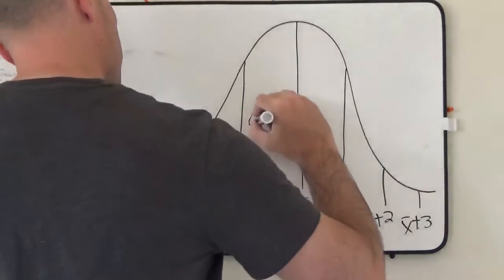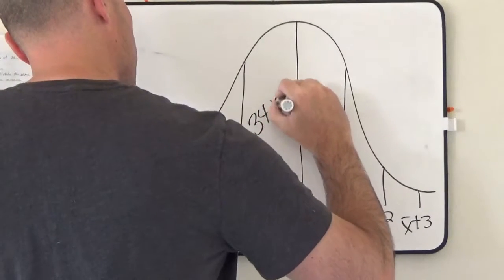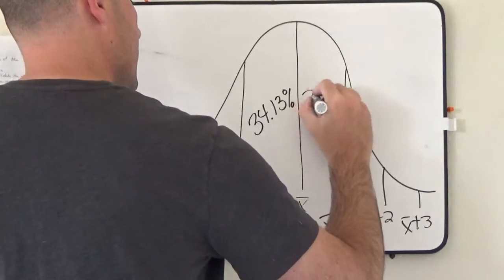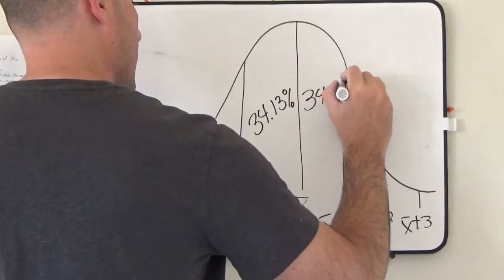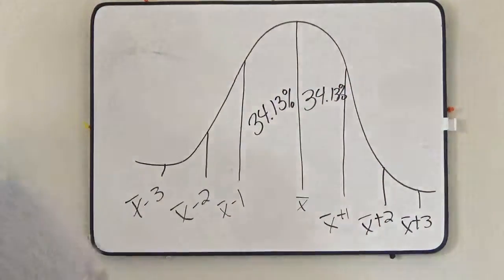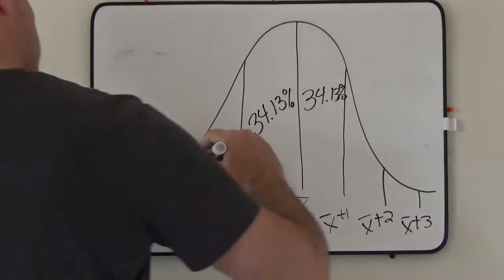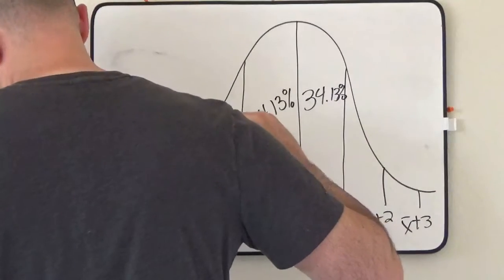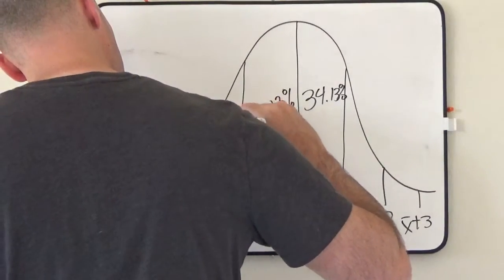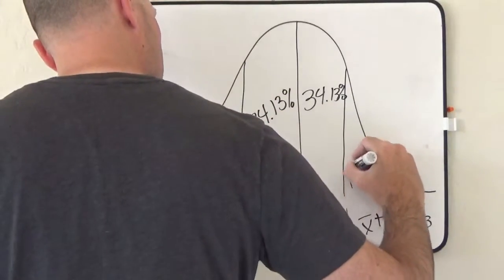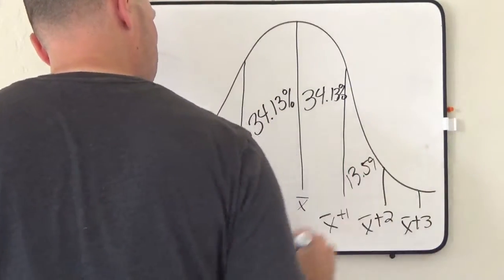That's because this is approximately 34.13% and this is 34.13%. Remember, they're symmetrical, so they're pretty much identical. This one is 13.59%, and this one's 13.59%.